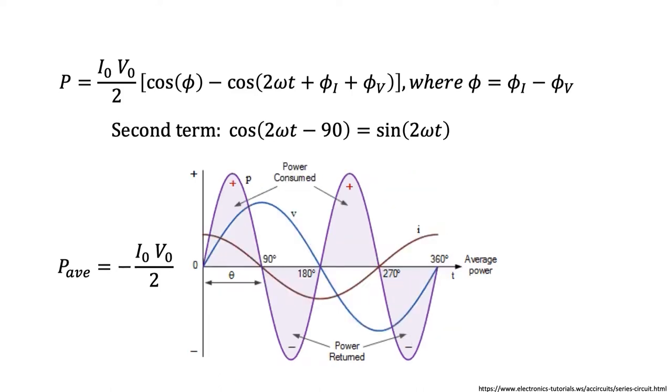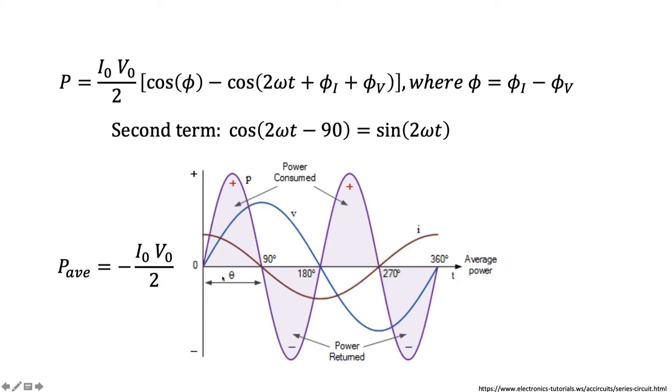If we consider capacitive power, then the phase difference is negative 90 degrees between the voltage and the current, with the voltage lagging as shown in the figure. Then we obtain the following expression as shown. The negative sign only indicates the orientation of the sine function.